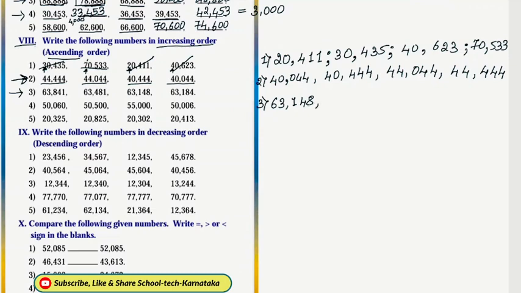The second is 63,184. The third number is 63,481 and the fourth number is 63,841.